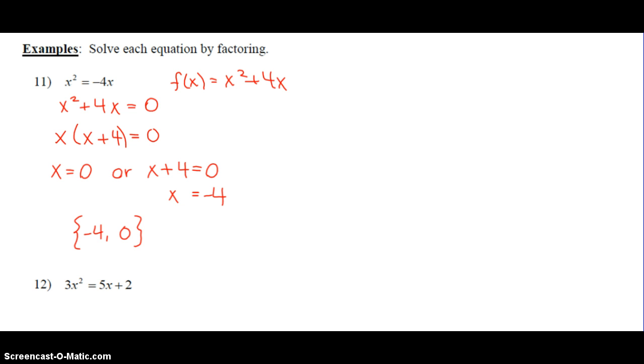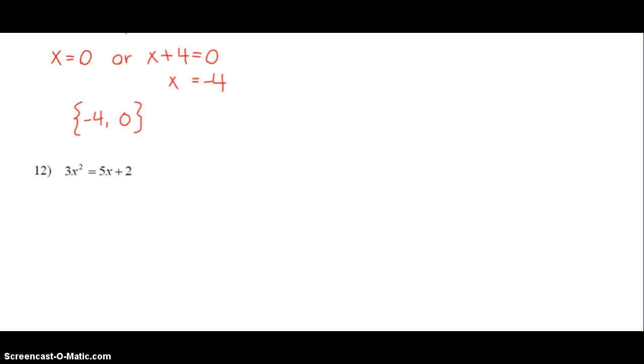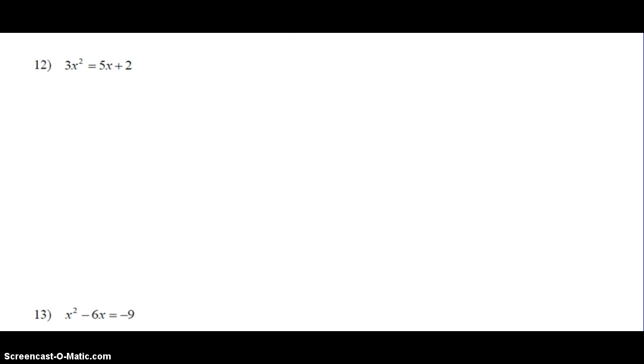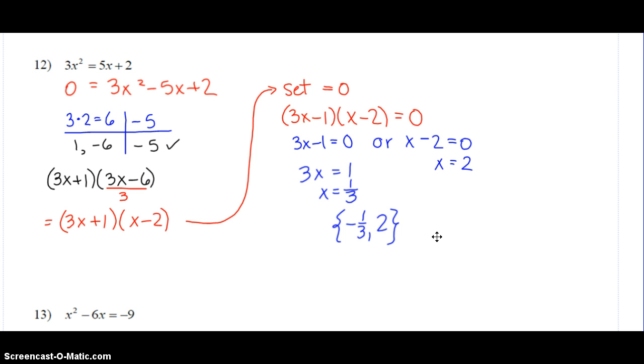Try the next example and see if you can use the zero product rule to solve this one. So this one goes back to where we were talking about in 5.2, where we had to factor ax squared plus bx plus c, and the a term was not equal to 1. So what we did is we made our little t-table.